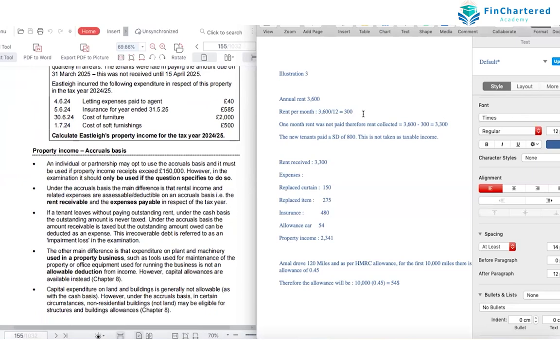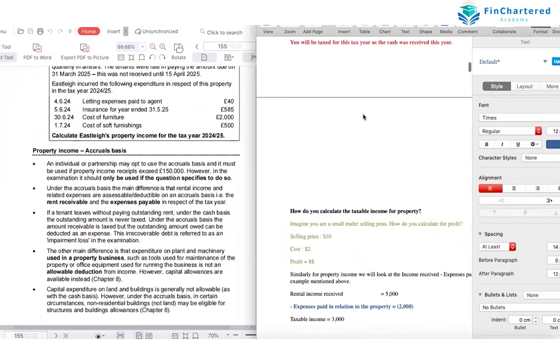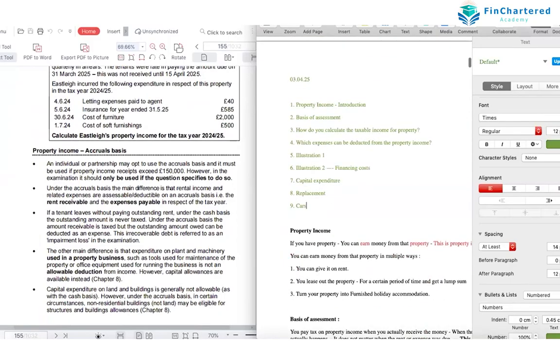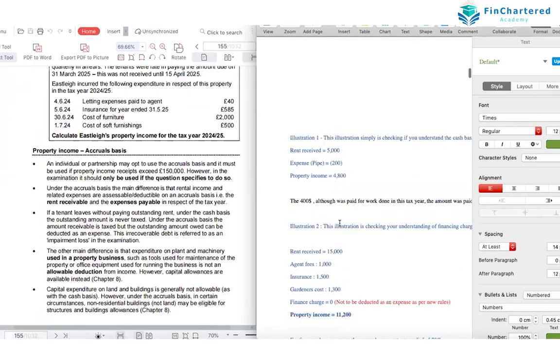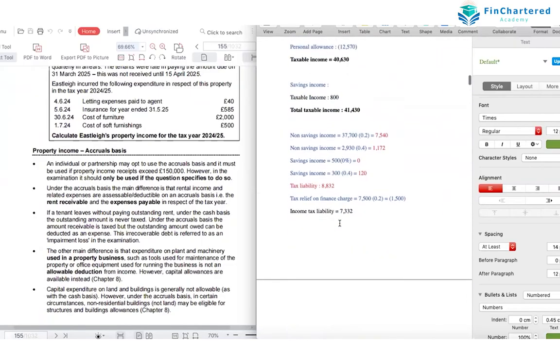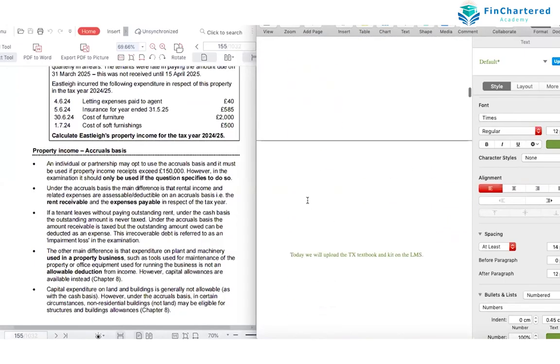Now we will go to property income accruals basis. So if you've understood cash basis, accruals basis is very easy. This simply says that we will recognize income and expenses not when the cash is paid, but when the income or the expense is due.